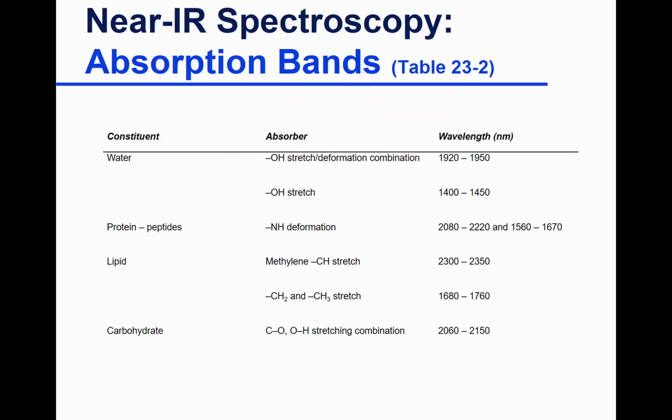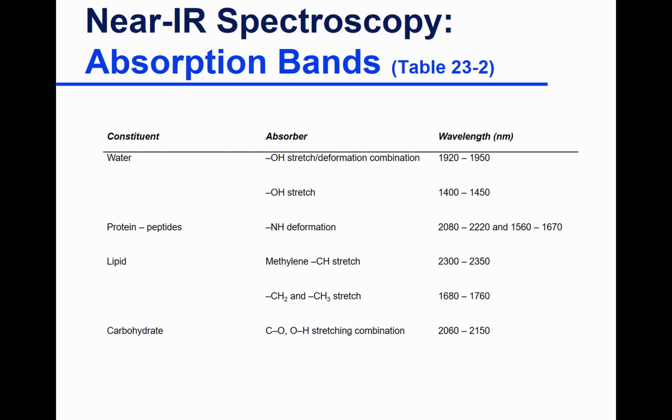So here are the functional groups in the main components or constituents. You can see for water it's about the OH, but there are different wavelengths at which the OH will absorb. The one at 1920, for example, is a combination of stretching and deformation, whereas the other one is only stretching.